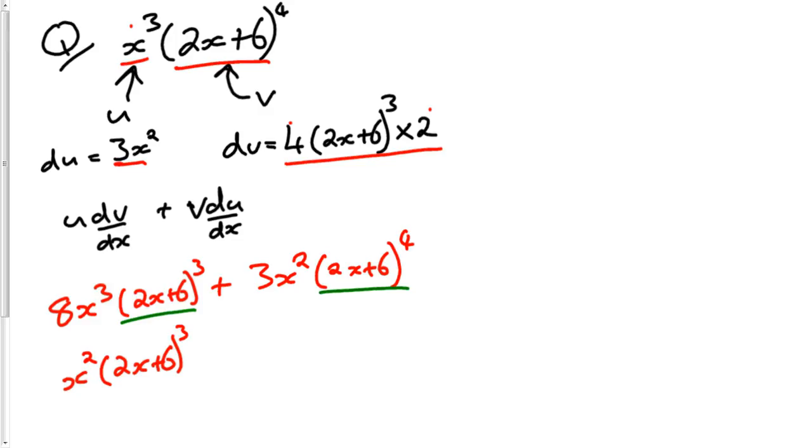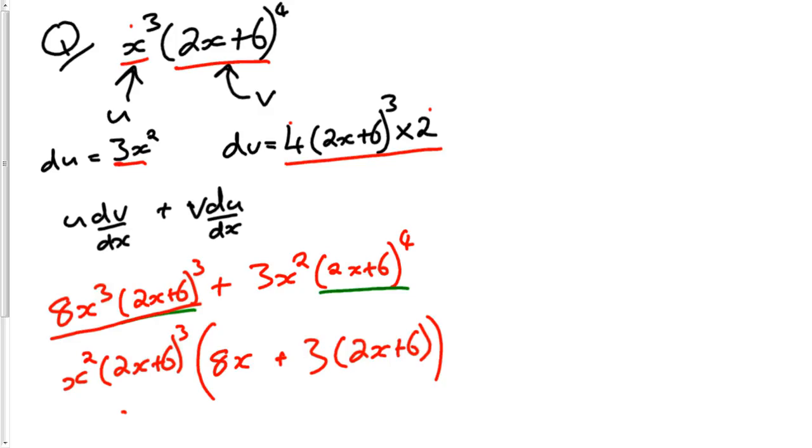So if we factorise out an x squared and 2x plus 6 cubed, inside the bracket you need to multiply the x squared by 8x to get the first part, and you need to multiply this by 3 lots of 2x plus 6. And that'll give us the second part over here.